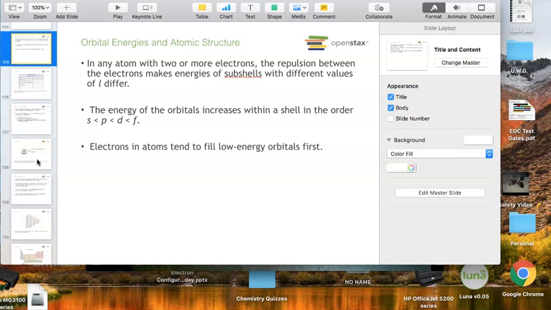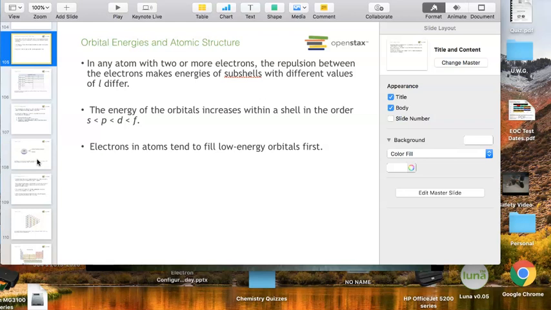In an atom with two or more electrons, the repulsion between the electrons makes energies of subshells with different values of L differ. So the energy of the orbitals increases within a shell in the order of S less than P less than D less than F.